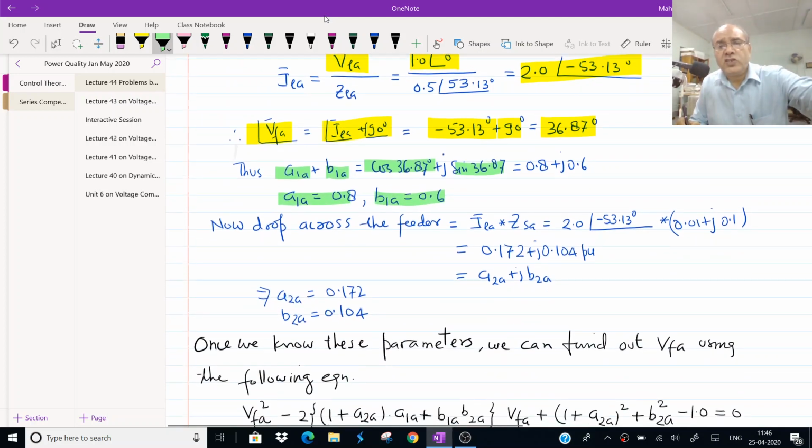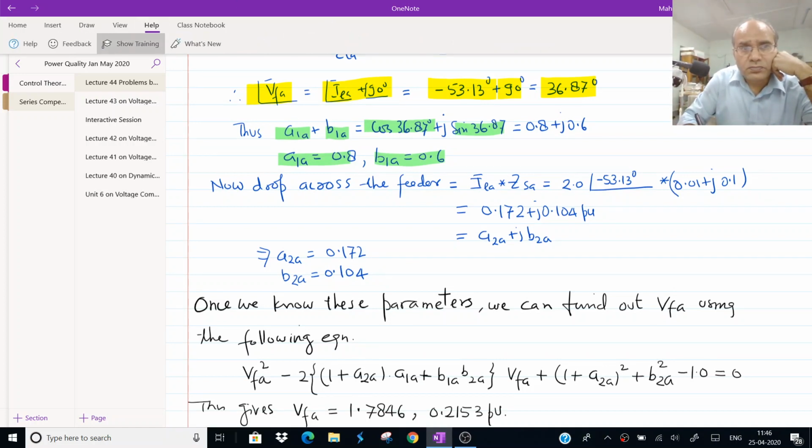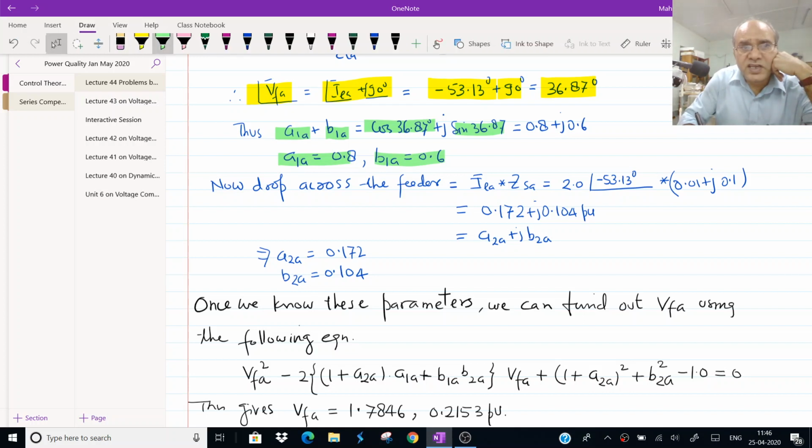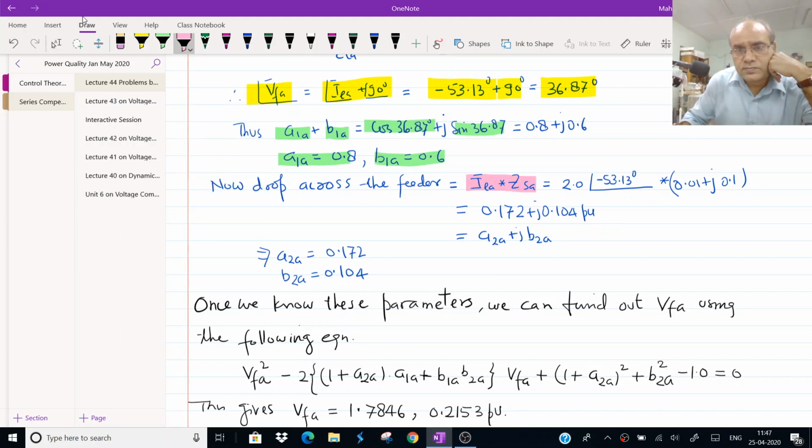Okay. Now once we know this, substitute, find out the feeder drop in phase A. The feeder drop in phase A is nothing but ZS into ILA. This is the feeder drop, and this is nothing but 2.0 angle of minus 53.13 into 0.01 plus j 0.1.